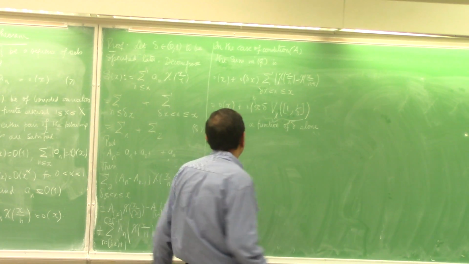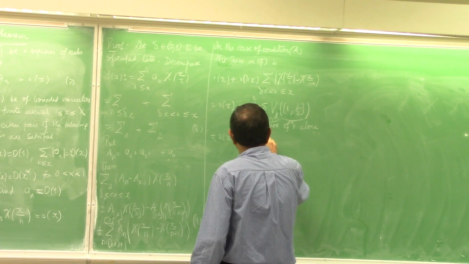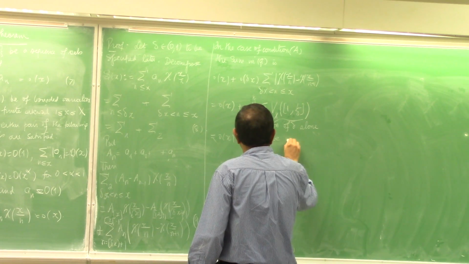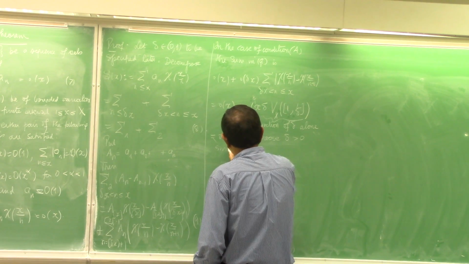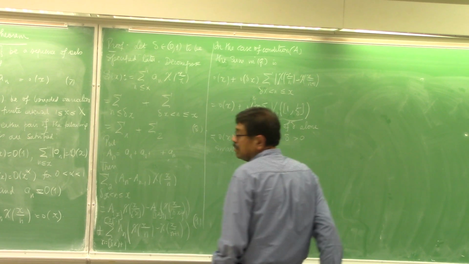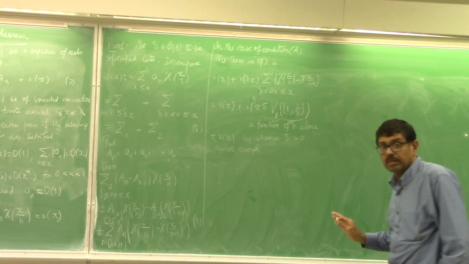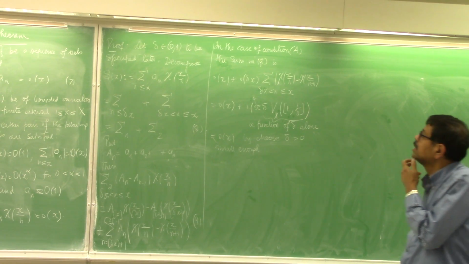So this can still be made little o of x by choosing delta greater than 0, small enough. Okay, so it's small enough to get this, but it's not too small.